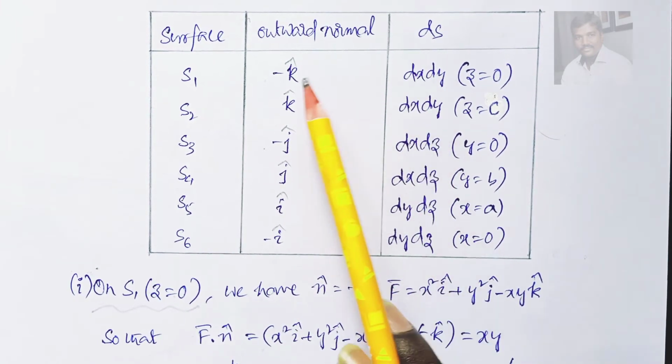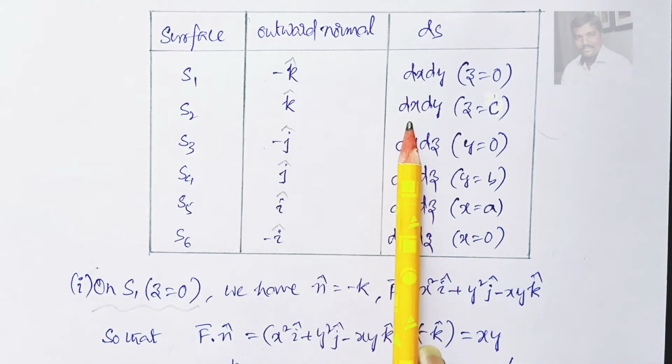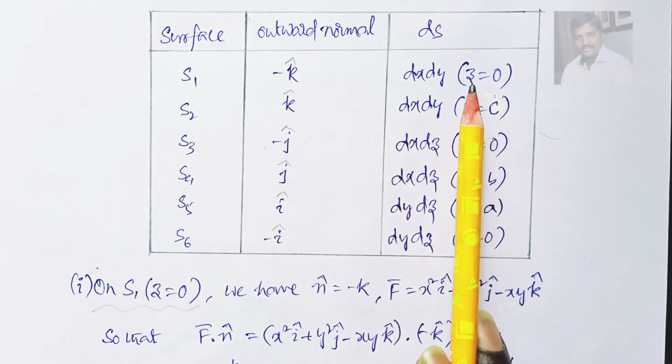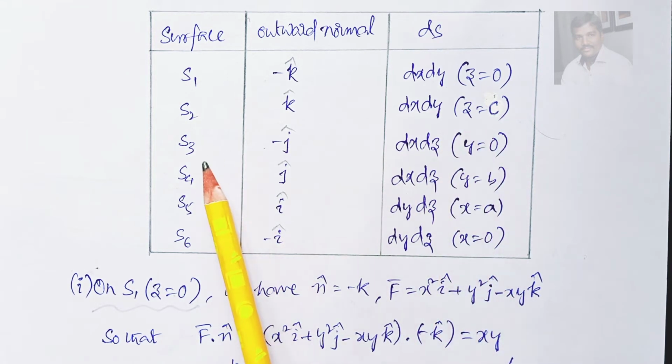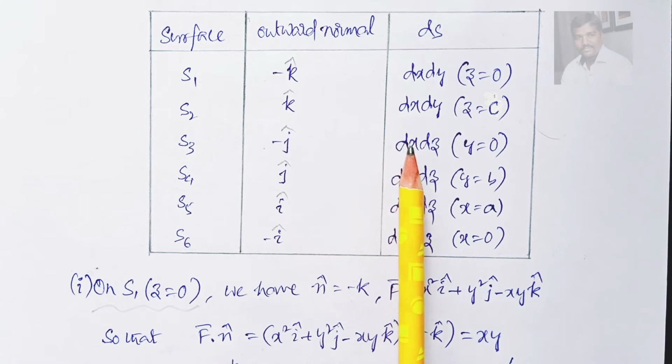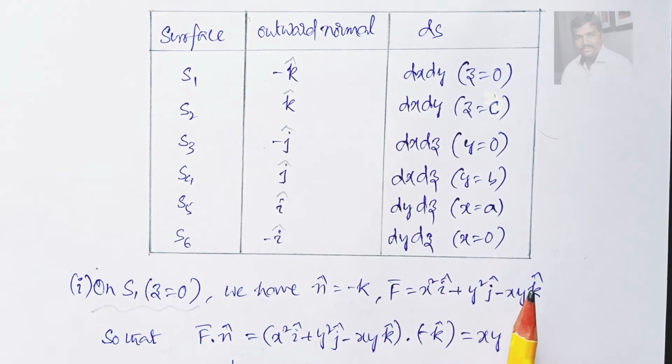So the ds for S1 is dx dy, for S2 dx dy, but here z is equal to 0, and here z is equal to c, the plane. For S3, ds is dx dz, y is equal to 0; S4 dx dz, y is equal to b; S5 dy dz, x is equal to a; S6 dy dz, x is equal to 0.